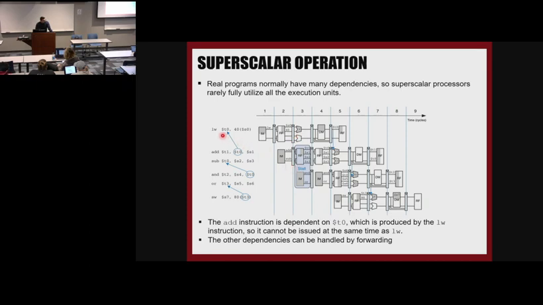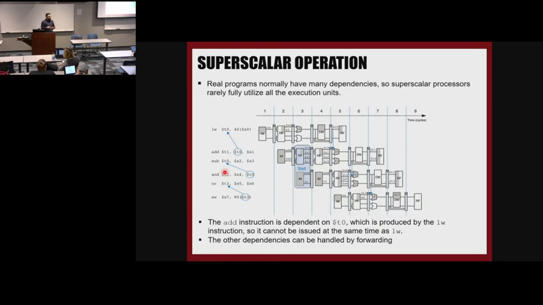We run this load word in the first clock cycle, then we stall the pipeline, and in the third clock, we actually run addition. There's no dependency between add and subtraction, so we can run both of them at the same time in the next clock. In the clock after that, there's a dependency between AND and subtraction, but we know that if we have forwarding hardware, that dependency can be resolved through forwarding.